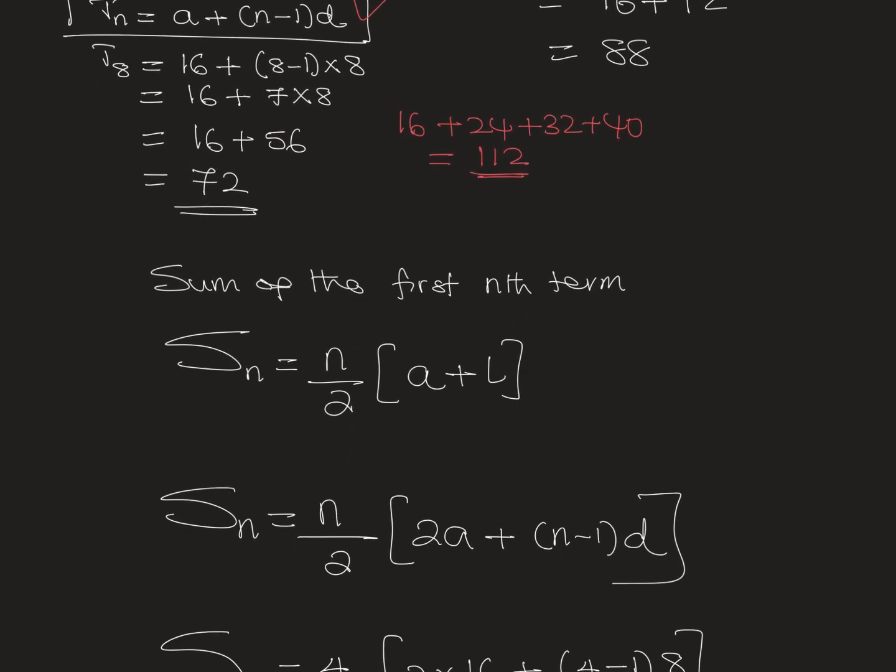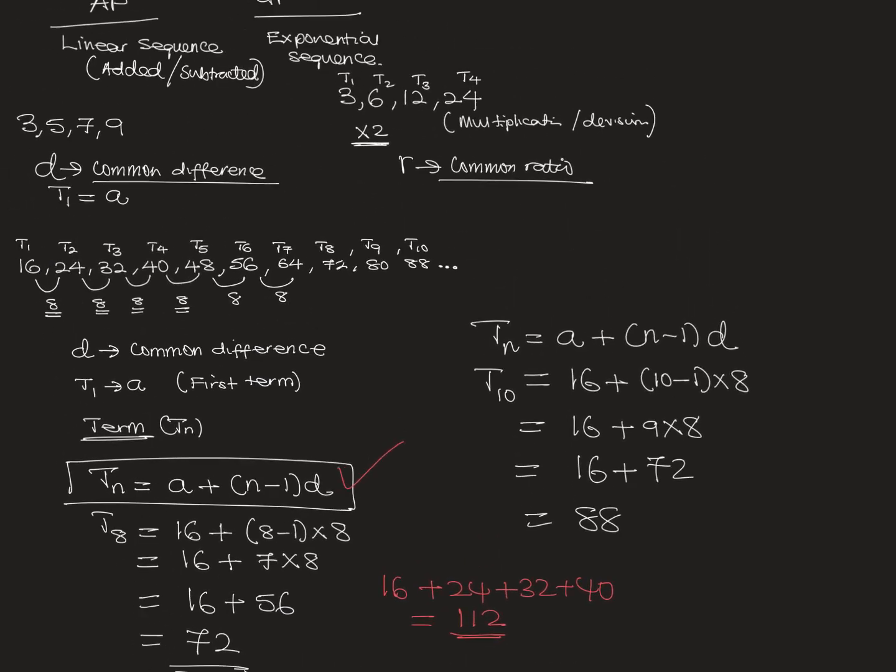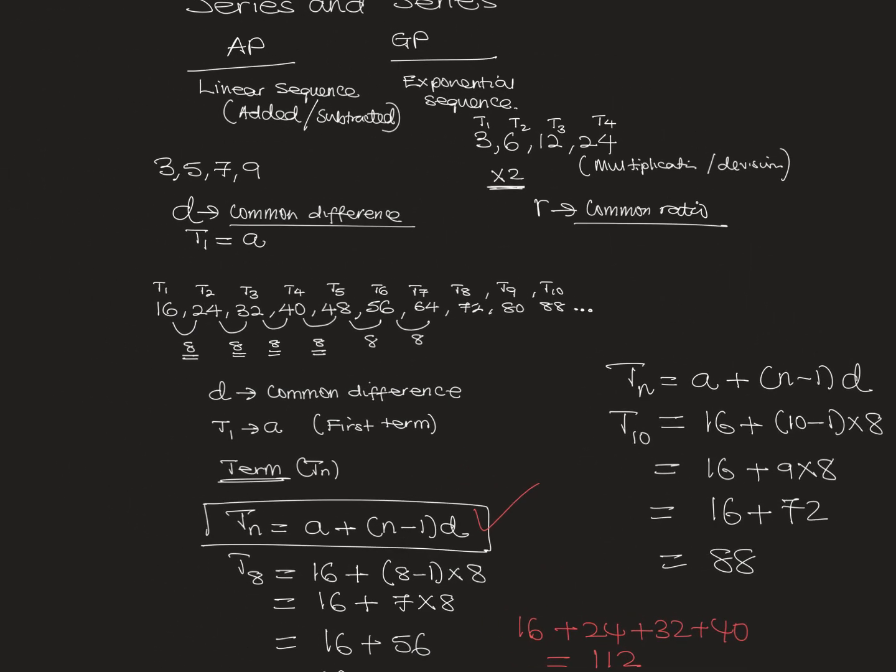So moving on, let's say we add the sum of the first 10 terms, okay? What will that give us in this sequence? So that is 16 plus 24 plus 32 plus 40 plus 48 plus 56 plus 64 plus 72 plus 80 plus 88.